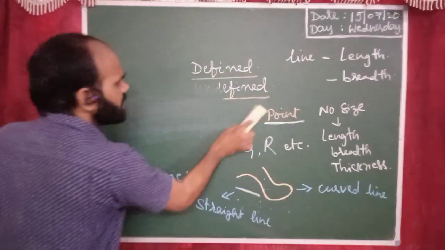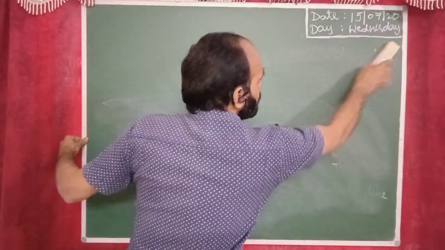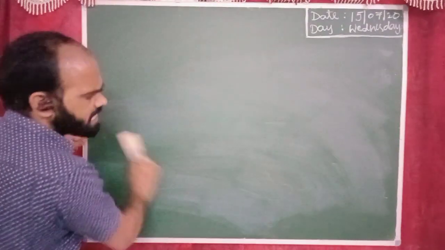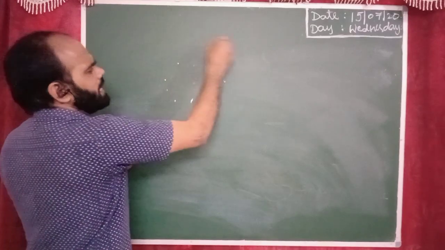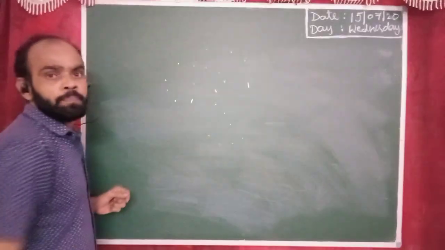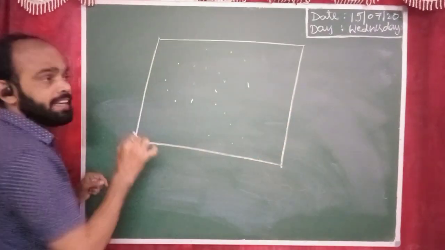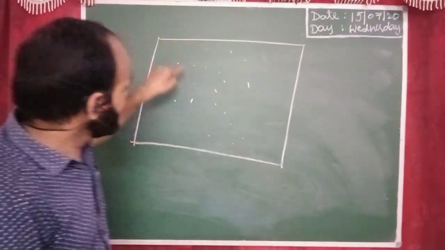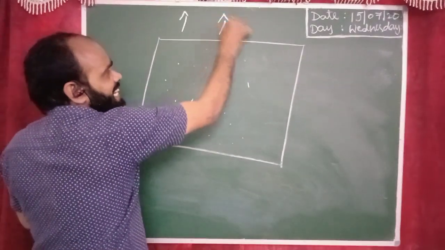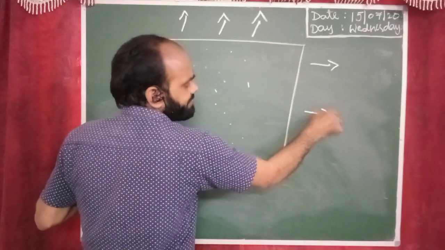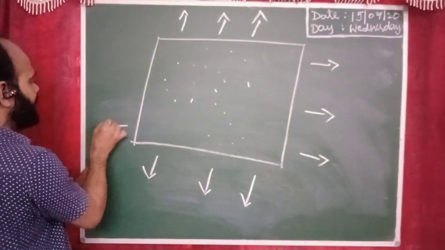Now, as we are talking about this board, one more important point is that this board is a combination of infinitely many points, like this. So many points we have here on this board. Now, this is nothing but a flat surface with infinitely many points, and it extends in all directions infinitely.